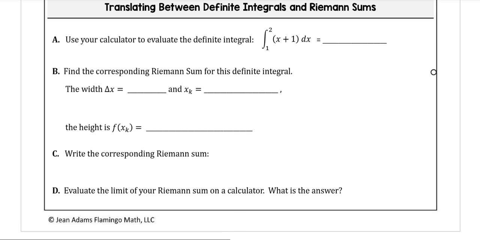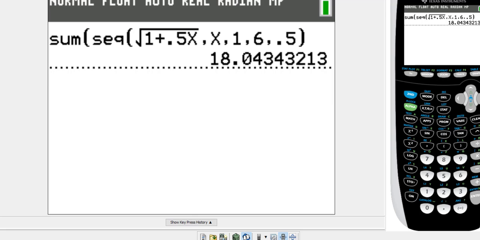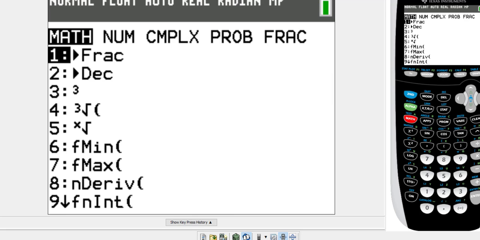Okay, so we're to use our calculator to evaluate this definite integral and then find the corresponding Riemann sum for this definite integral. Just using our calculator here, let's go under math and choose number 9.